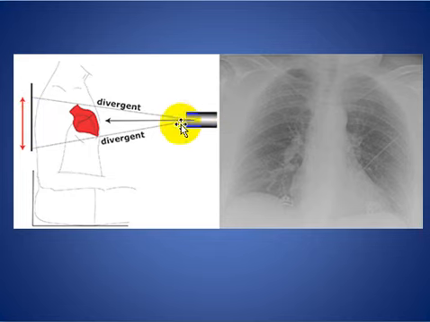And here we see the heart is anterior, and there is some magnification in the heart shadow in this view. And this is usually used in portable patients or in patients who cannot stand.